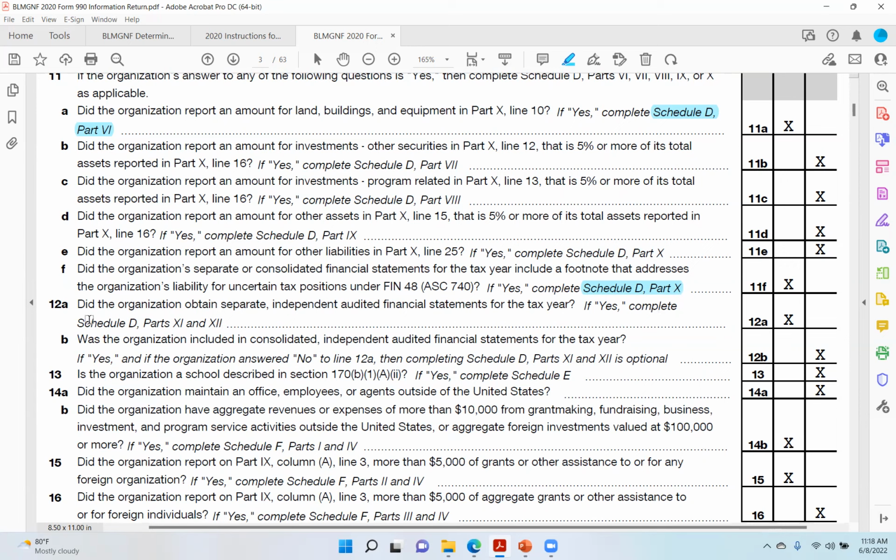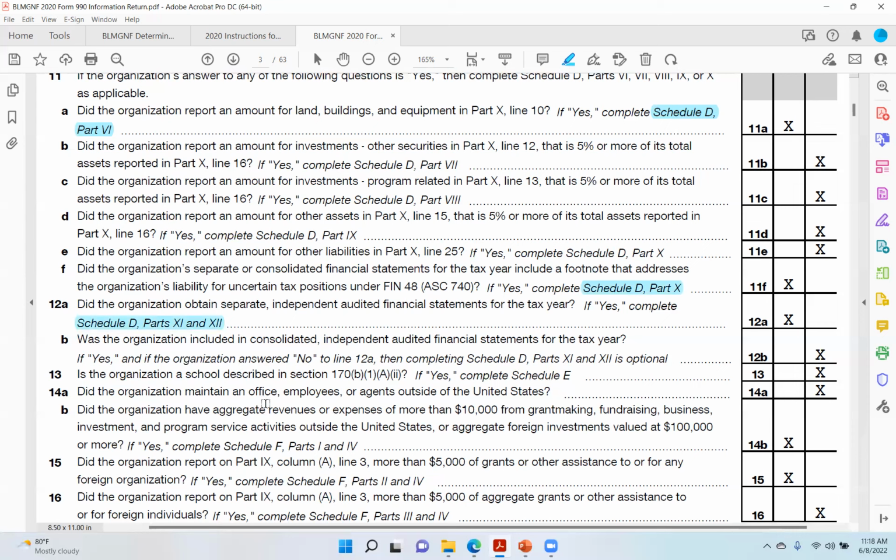These Roman numerals. Schedule D, Parts 11 and 12. And they answered yes, so we should be able to see that. 12B, was the organization included in consolidated, independent, audited financial statements for the tax year? They said no. 13, is the organization a school?